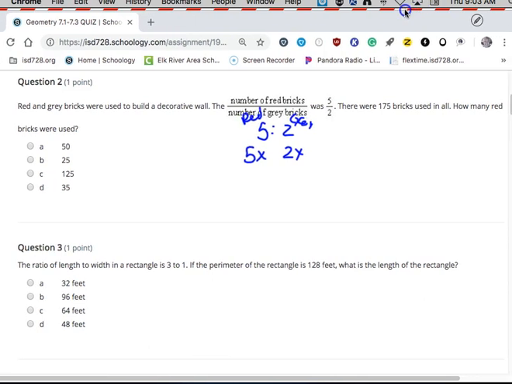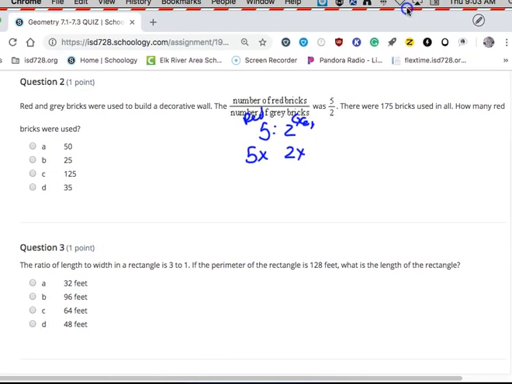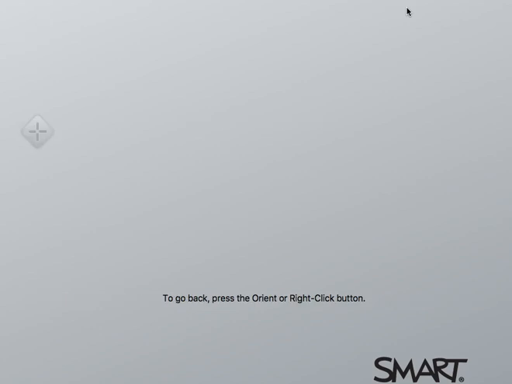So we'll slide this over a little bit so we can see everything in the frame. So I'm going to add up these, and we're going to retask the board again. So I got 7x dividing into 175.